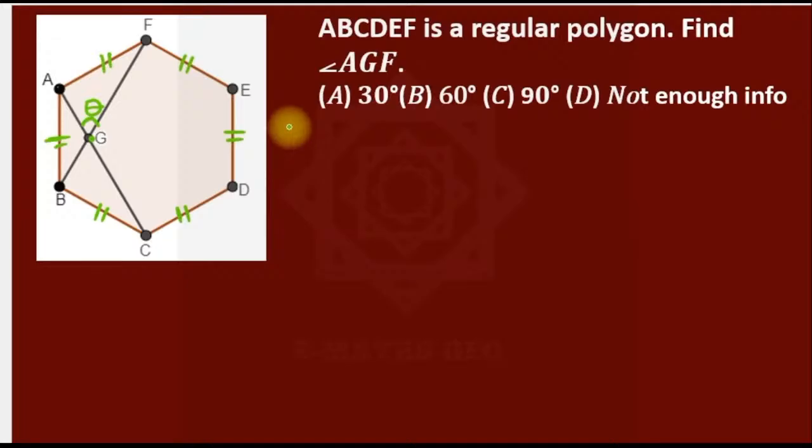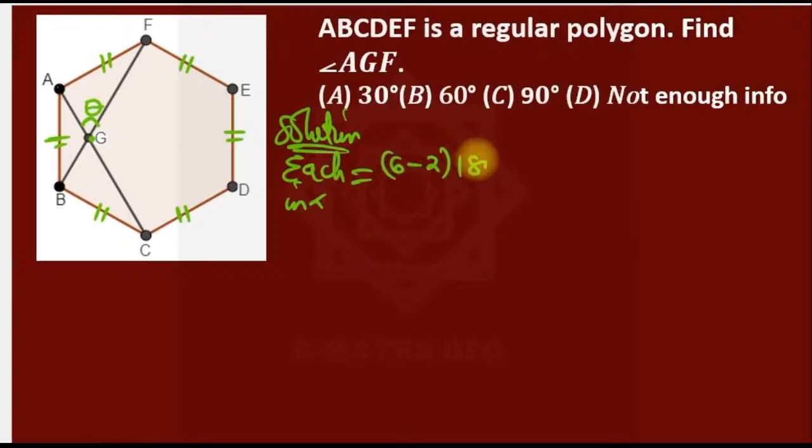So each interior angle is (6 minus 2) times 180 over 6, because n here is 6. We have 6 sides, so this is 4 times that. This should be 120 degrees.